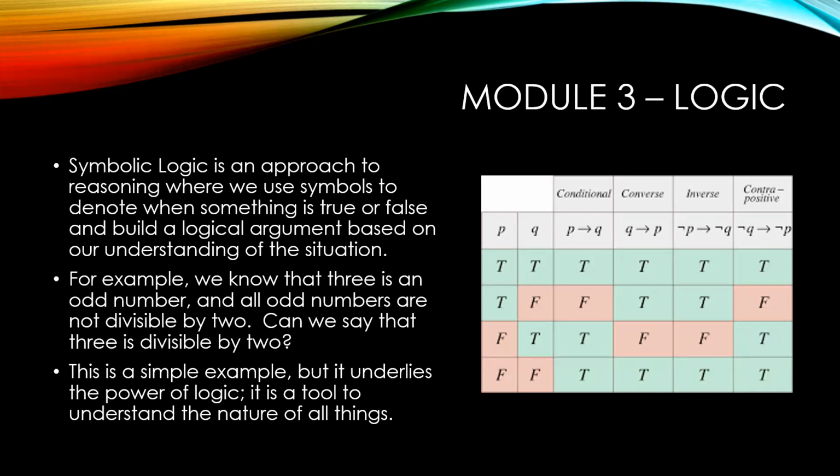Once we have those different conditions, we can try to understand all of the different things that could happen between them. In our case, it was a conditional statement. If one thing, then the other thing. And so it would be how we would be saying, if the first thing is true and the second thing is true, then the conditional statement itself is a true statement.